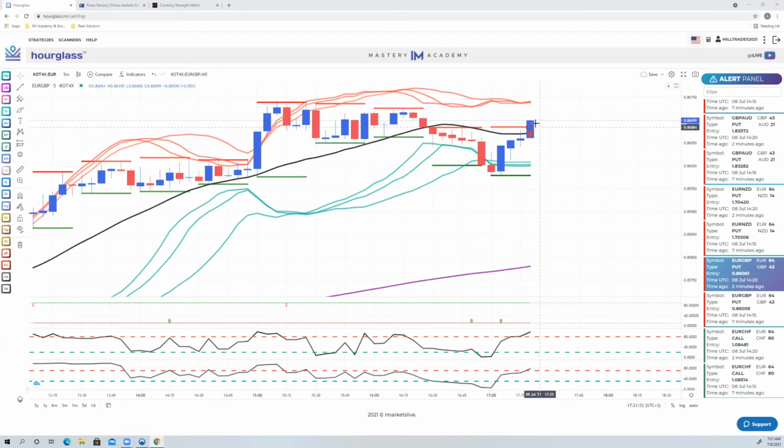Looks like if Euro GBP comes down to 0.84 for a buy, but I don't know. It looks like it's going to continue up there. Yeah, it looks like it's just going to continue pushing up.